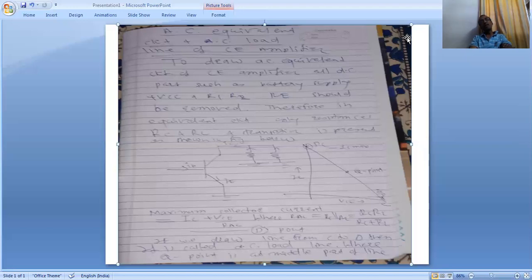IB is the current due to the base terminal, and IE is the current due to the emitter terminal. Understood? Next, we have drawn the AC equivalent of the diagram, that is, half part is completed.